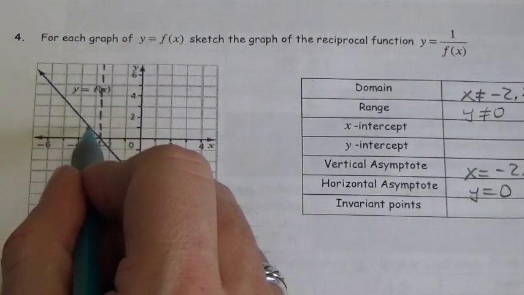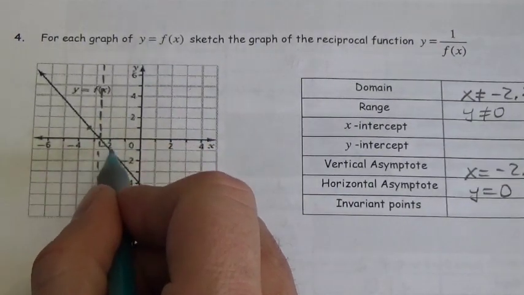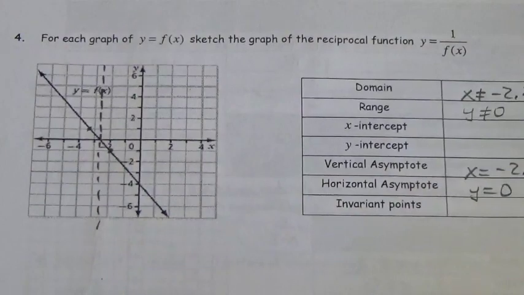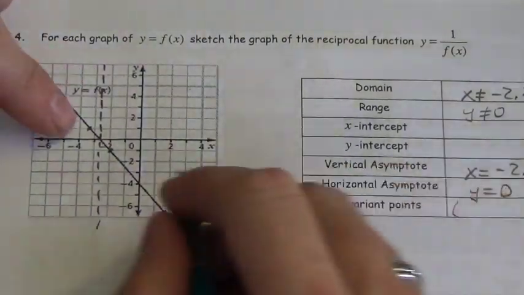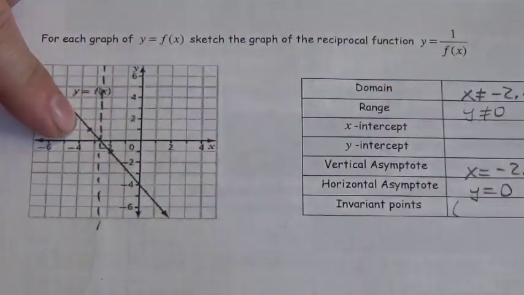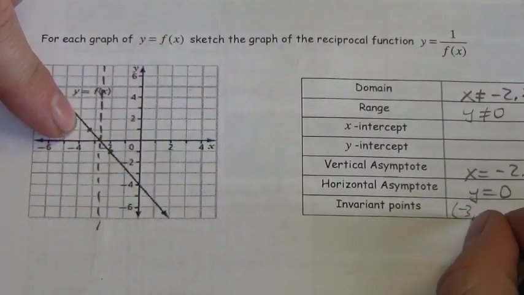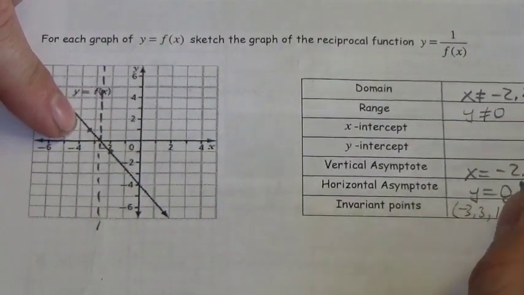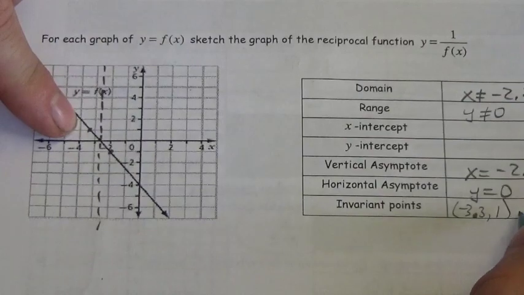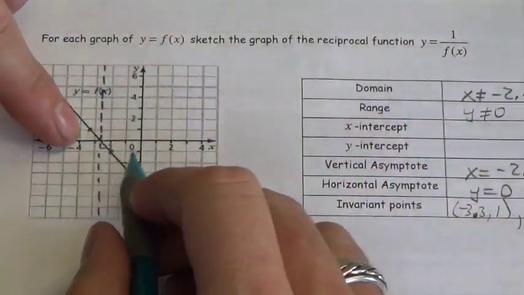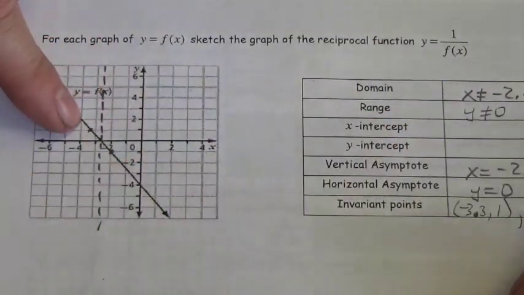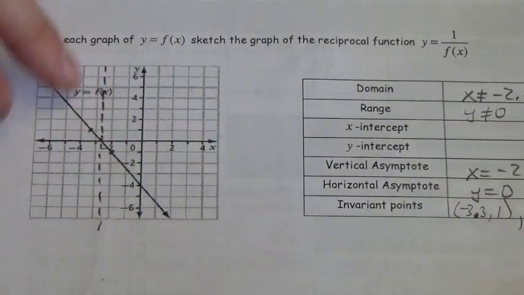My invariant points are going to be where the y coordinate is 1 or negative 1. Now that looks to me to be like negative 3.3 comma 1. And I'm just guessing at that point. It's hard to read that off here. But this looks like negative 2 comma negative 1. That looks good.